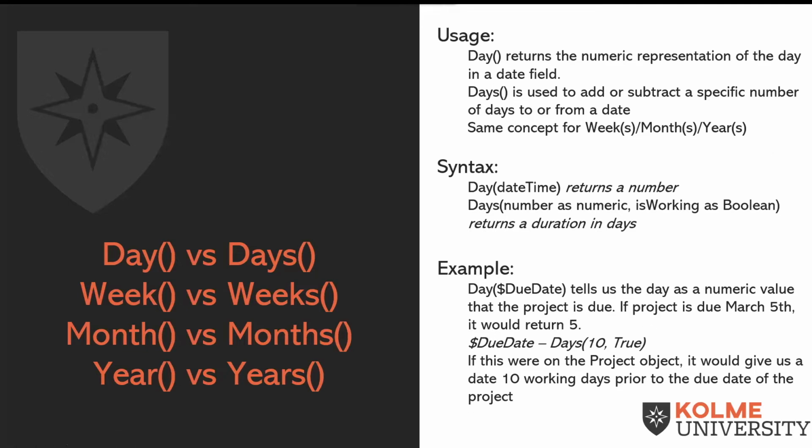So if the end date, the due date for this project is March 5th, then that would return 5. Whereas due date minus days 10 true, if this were on the project object, it would give us a date 10 working days prior to the due date of the project. Right. And if it was days 10 comma false, that would add what, 14 calendar days.